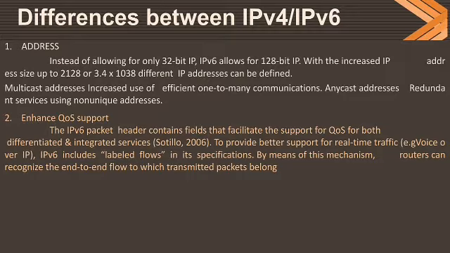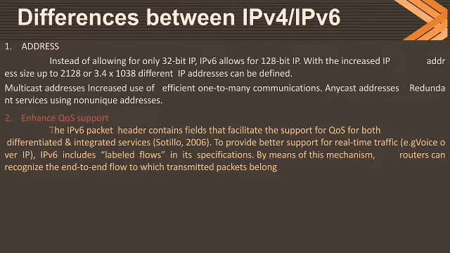With the increased IP address size, up to 2^128, or 3.4 times 10^38, different IP addresses can be defined. Multicast addresses increase the use of efficient one-to-many communication. Anycast addresses provide redundant service using non-unique addresses.